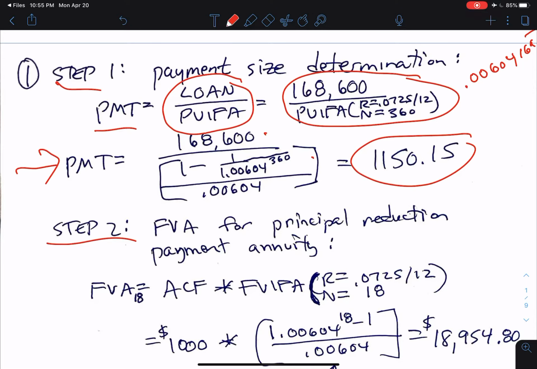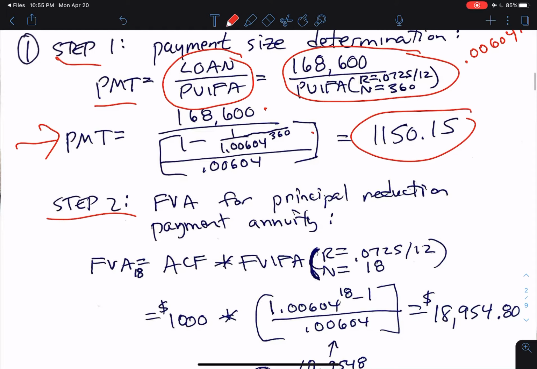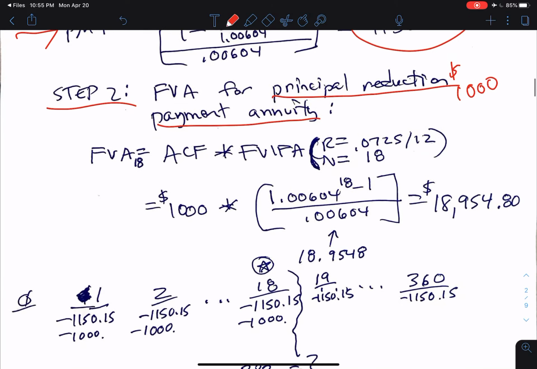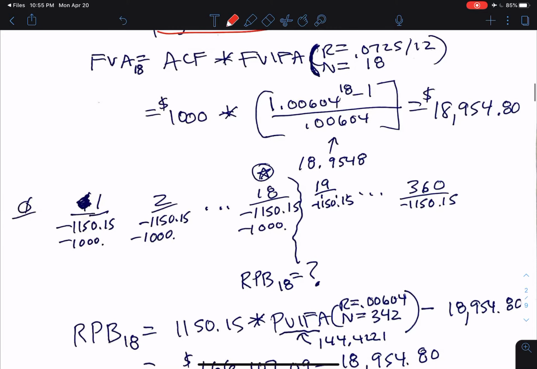Now, step 2, we find a future value of an annuity for the principal reduction payment annuity. That's the additional $1,000 payment we make at each date that we make a regular payment. Just so you're clear on that. Look here, what we've got going on.